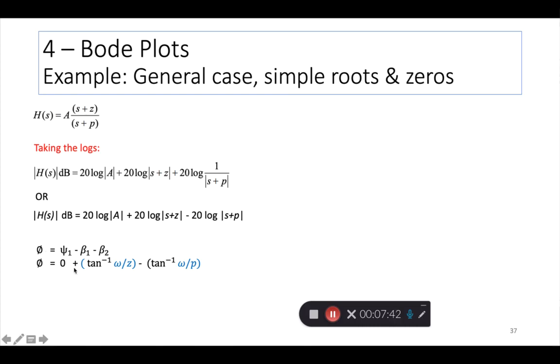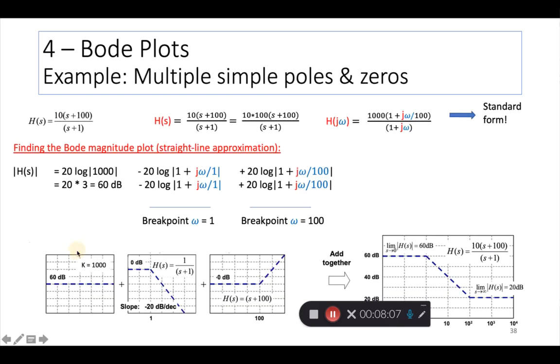Then at the bottom we have how do you calculate the net phase angle, right? You can calculate the individual phase angles, and those are shown as psi 1, minus beta 1, minus beta 2, and then phi, the total phase angle, is the sum or difference of each of those. Okay, so actually I'm sorry, this should be a plus.